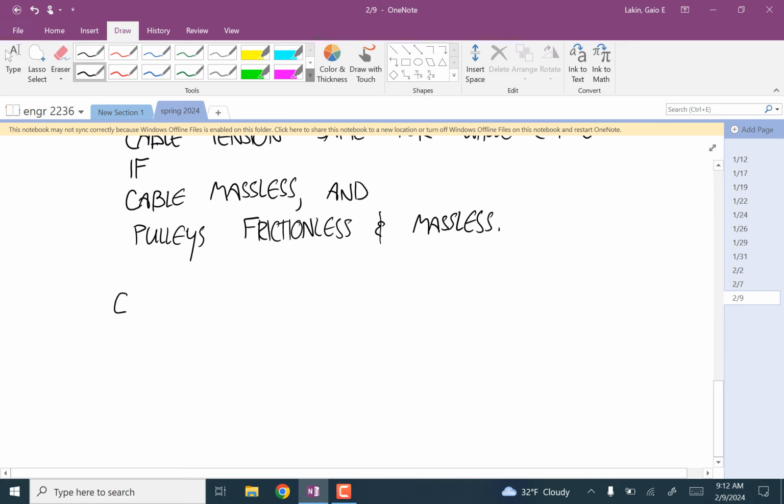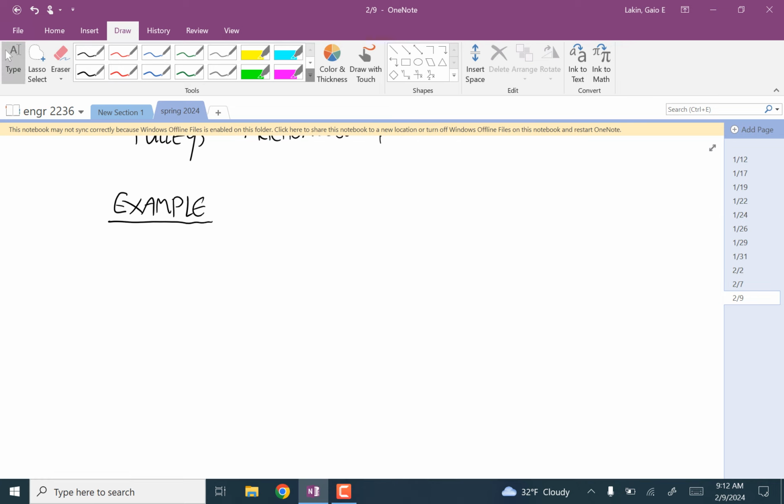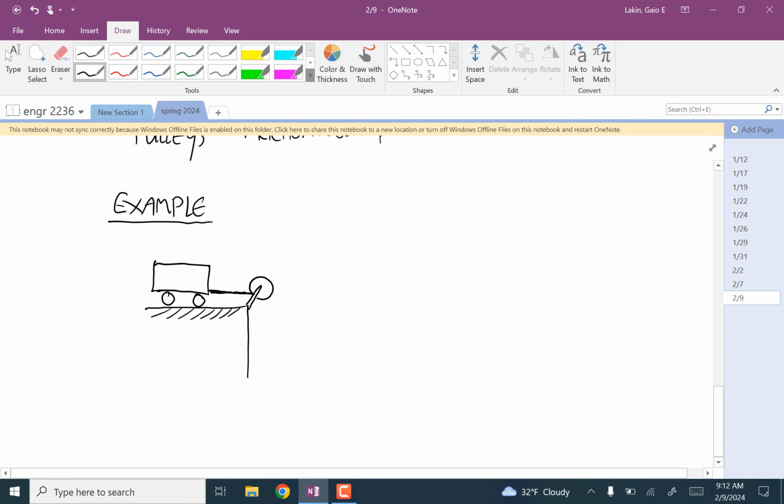Okay, so let's do an example problem. So let's say we have a cart here, and it's connected to a cable that's supposed to be horizontal.